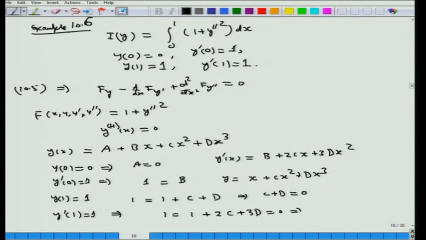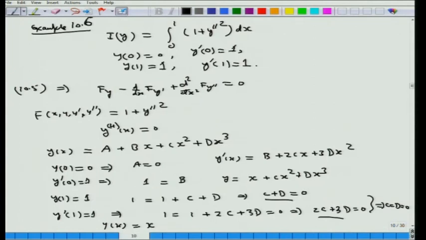So, we get 2 c plus 3 d equal to 0, and this would imply that c equal to d equal to 0. So, we get finally y of x equal to x, only b equal to 1 and other things are 0.